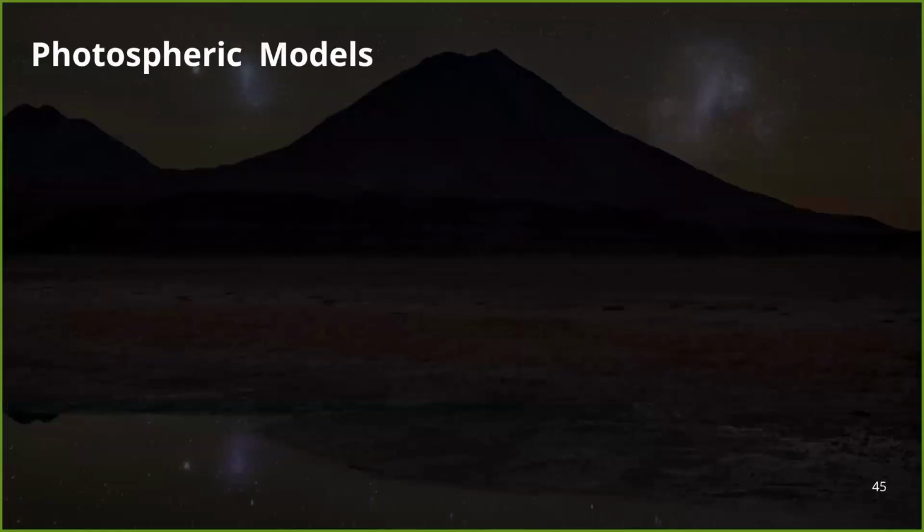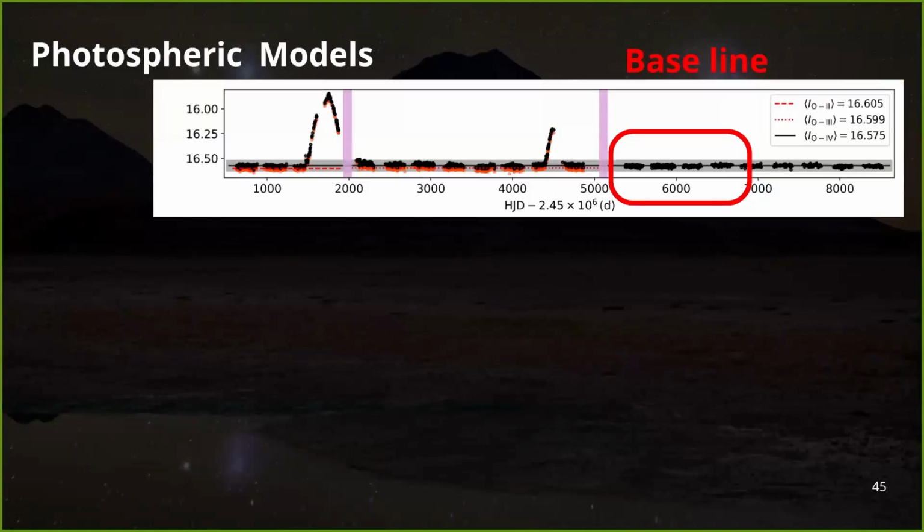Well, we also use photospheric models to extract more information from our data. A fundamental concept here is the baseline. What we can extract from light curves like this one, when we have this kind of feature, a very well-behaved observational phase, we are assuming that we are looking at the photospheric brightness of the star.